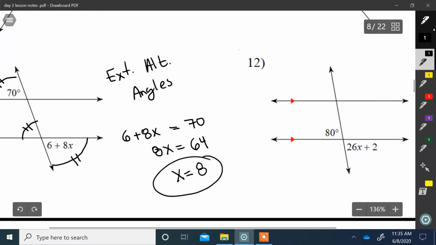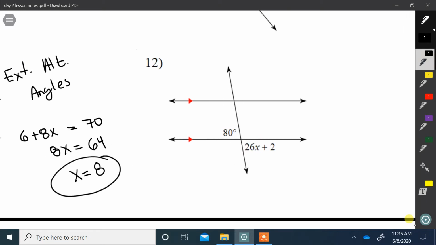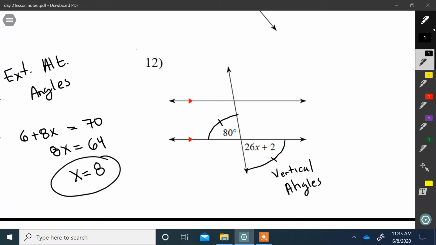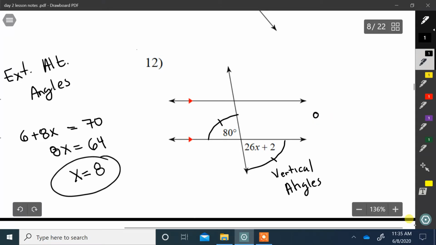Alright, let's go ahead and talk about this one here. You have to realize that this is congruent to that because those are called vertical angles. And vertical angles are always congruent to each other. So we have here, the setup is like this. 26x plus 2 is equal to 80.